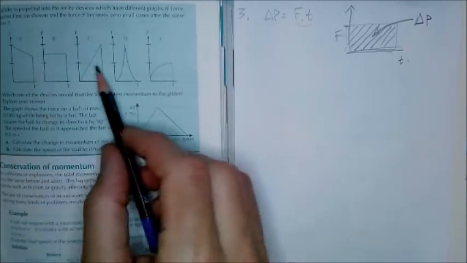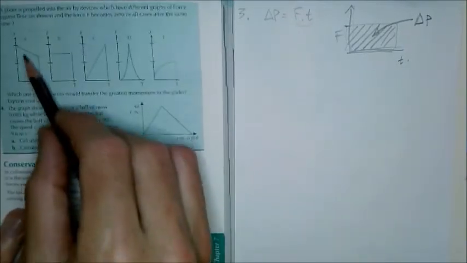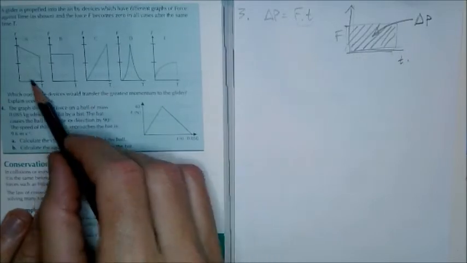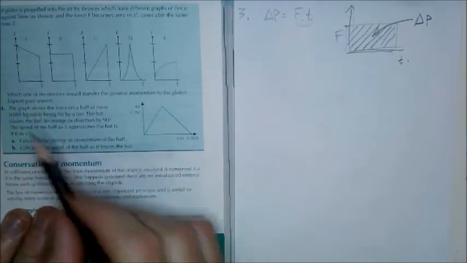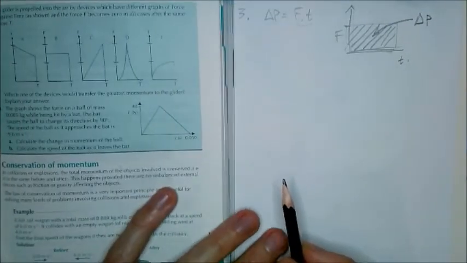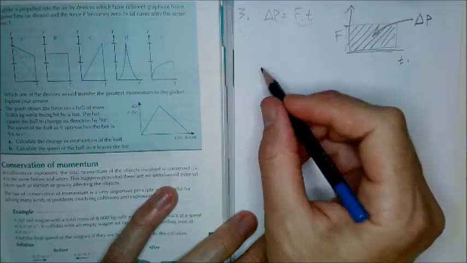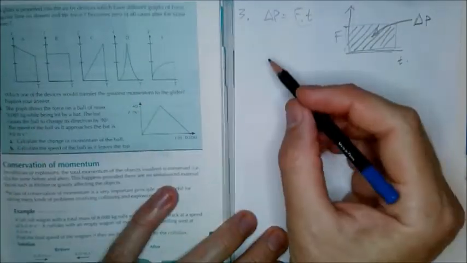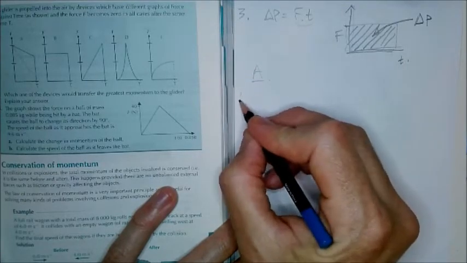If we transposed that onto A, the triangle would fit completely inside, so it can't be C. D looks even smaller, and E fits entirely within A as well. So which one of the devices would transfer the greatest momentum to the glider? It's going to be A, but think about how you're going to explain it.